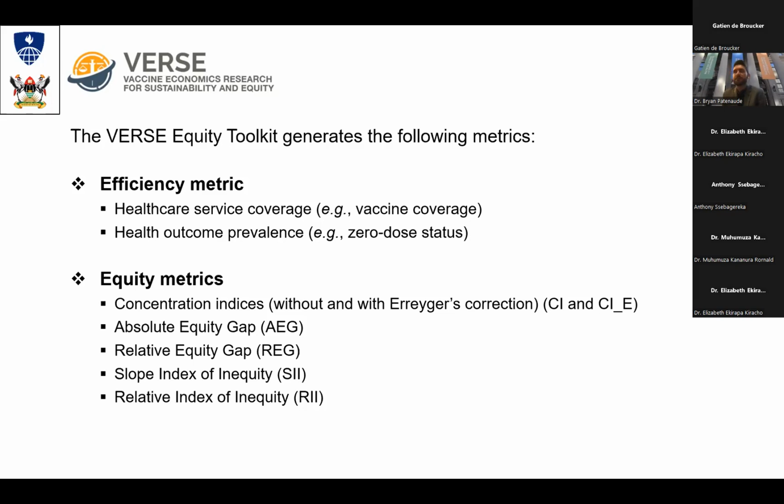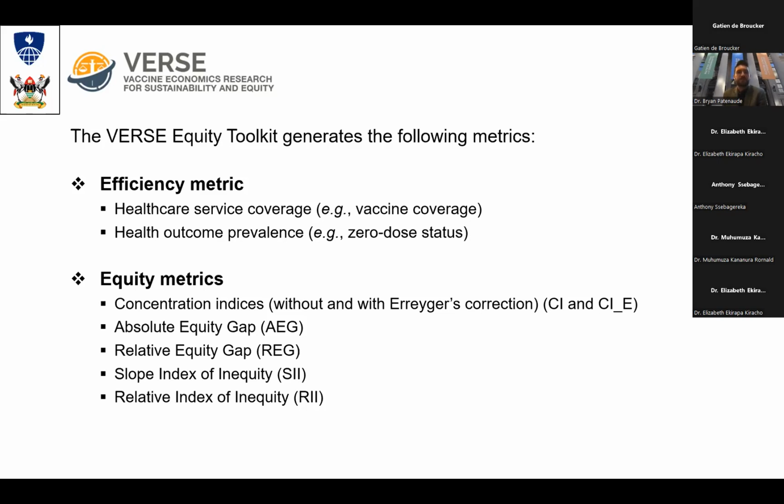We have complete coverage, where you finish the entire vaccination schedule by the required age to finish the vaccination schedule. And then fully immunized for age, which means you're up to date based on how old you are currently on all the vaccines you should have received. And these are some different outcomes that we can measure prevalence of in a population, in addition to the basic service coverage. So then we have equity metrics.